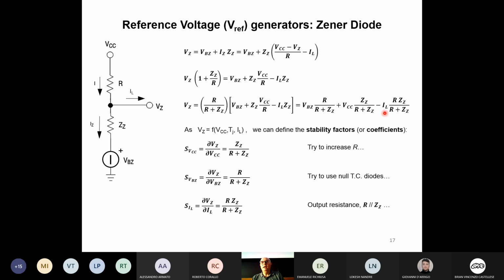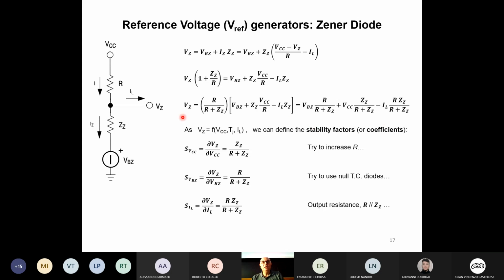And then I have IL that multiplies ZZ times R over R plus ZZ. Okay, simple calculation. Well, actually, the last term is the parallel of two resistances. Product divided by the sum is the parallel. So this is something that I can remember for later.